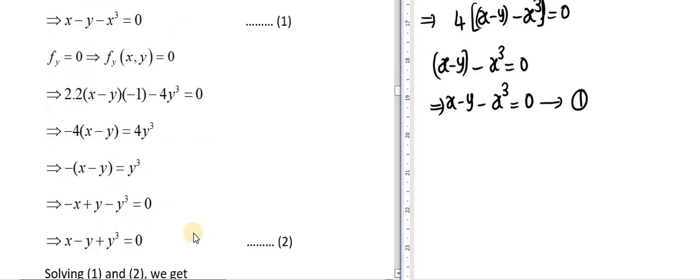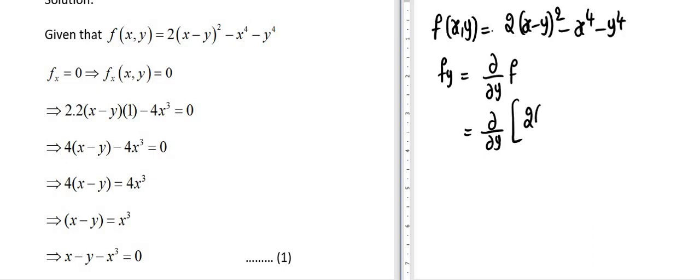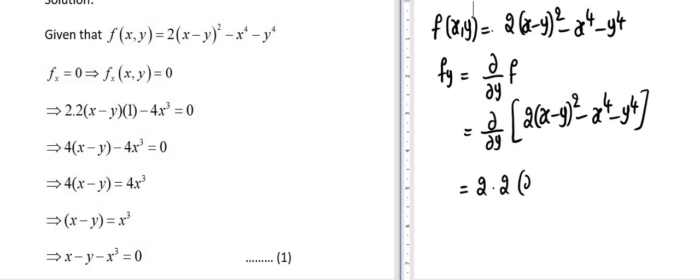Next, find out Fy. Fy means dou by dou y of f. So, dou by dou y of substitute f value. Here 2 is a constant. Again use the same power formula, n into x power n minus 1.